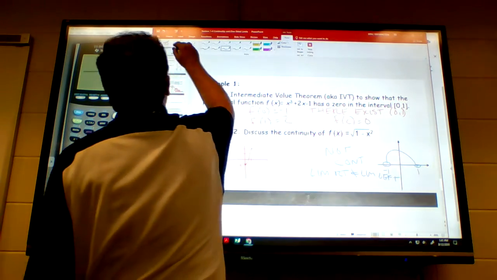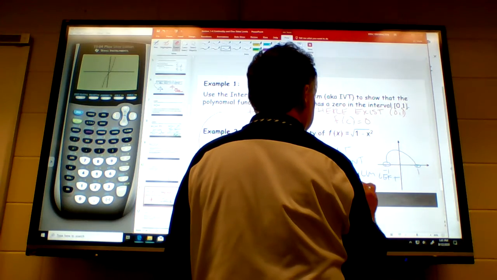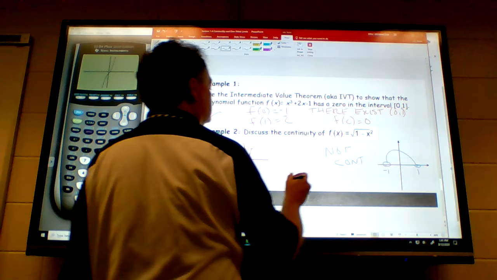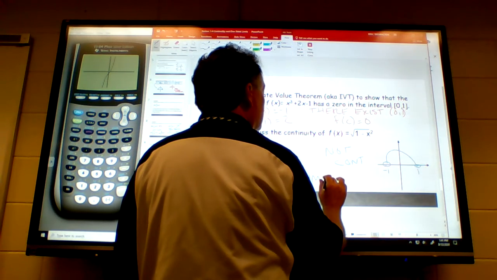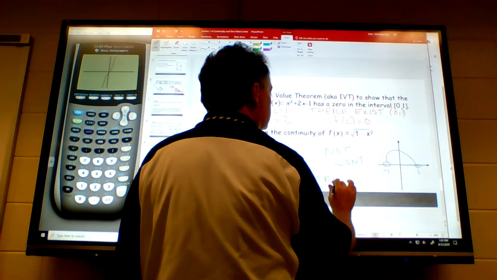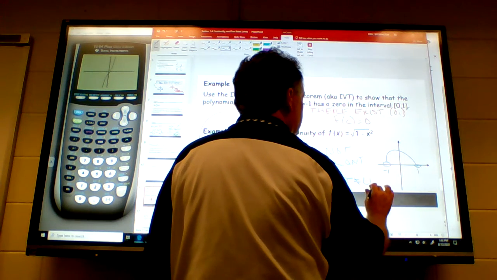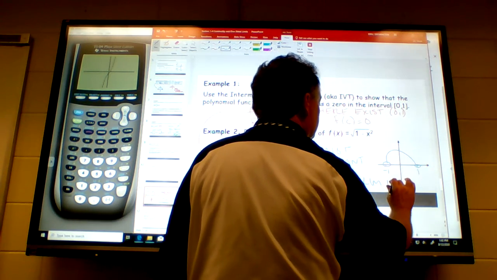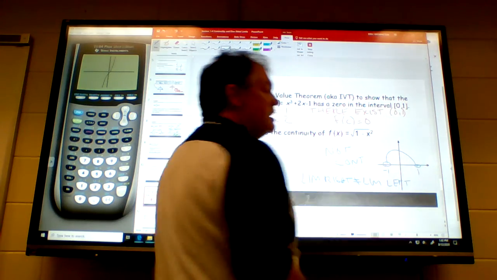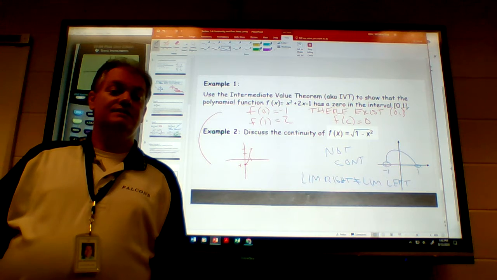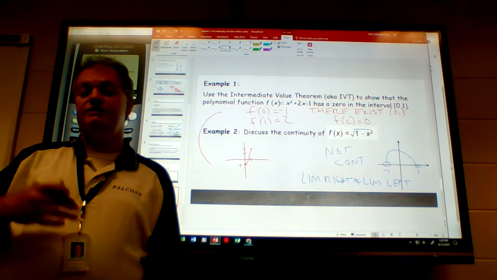Let me rewrite that again. Limit on the right does not equal the limit on the left. It would have to be in a defined setting or defined range.